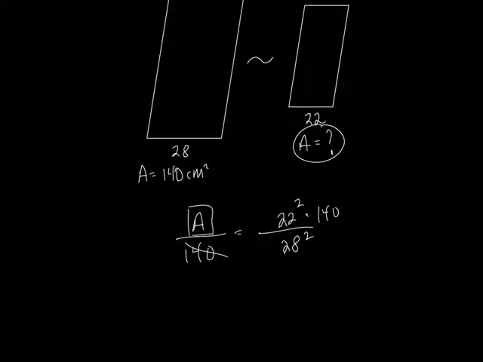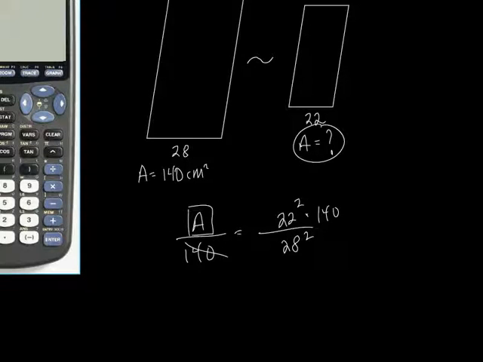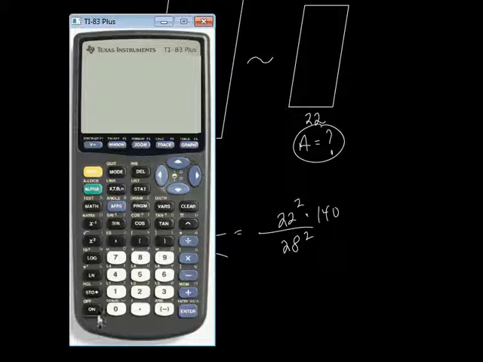So now let's put this all into a calculator. Just happen to have a calculator right here. And turn it on. So it's 22 squared times 140 divided by, oops, I sure did, didn't I? Let's try that. Is that better? Divided by, why am I doing that?